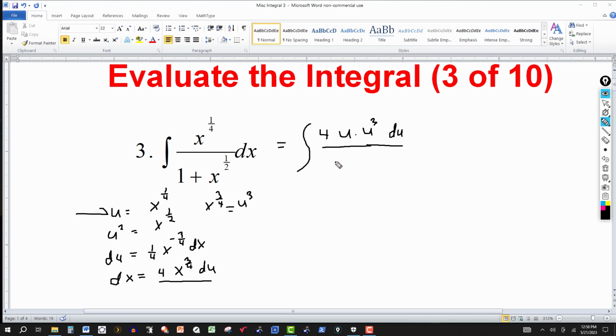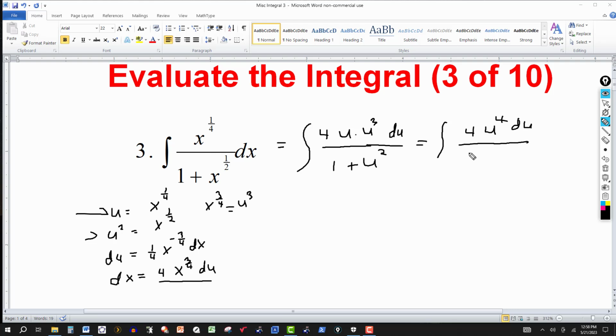And in the denominator I have 1 plus x to the 1/2, but x to the 1/2 right here is u squared. Then let's simplify this. Multiply, so this will be a 4. u times u cubed is u to the 4th du.